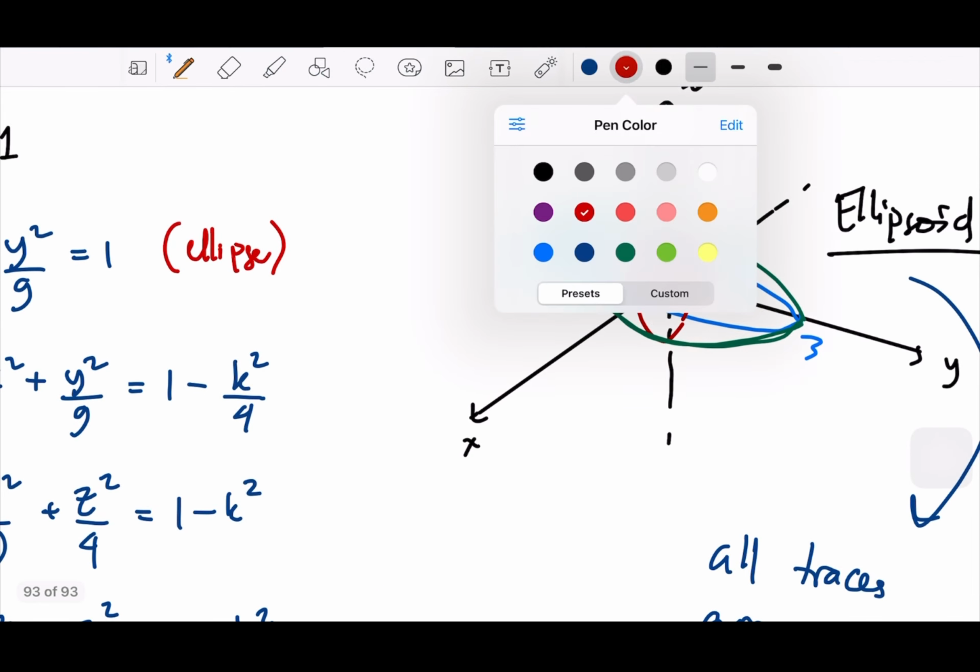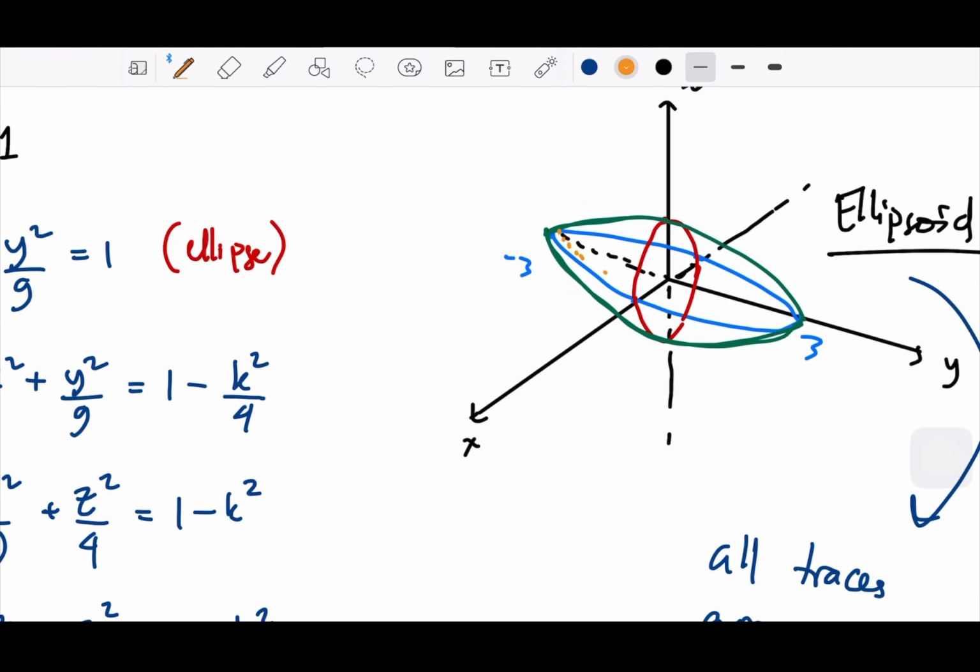Okay, if we illustrate how the ellipse will trace, at least from this xy plane, this will be the tracing. So we will have a different height and a different length in the axis for the ellipse, right?